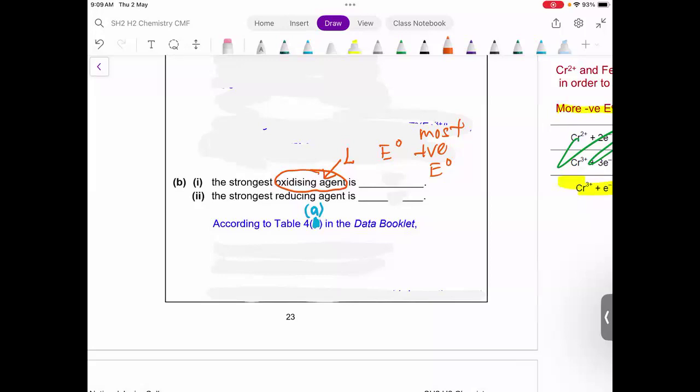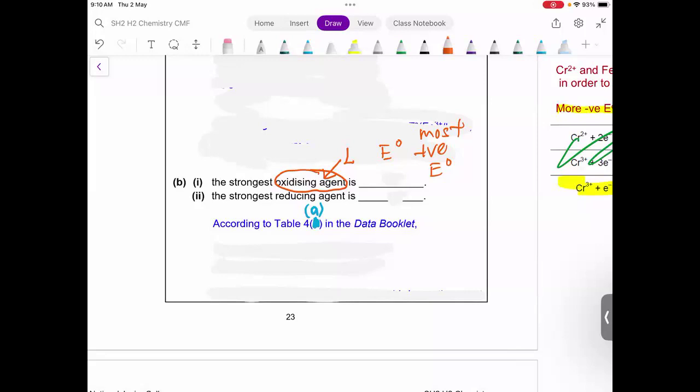If you don't want to tell me, can you tell your neighbor what's the answer? Because you really must practice selecting it. Don't wait for my answer. You must practice the thinking skill. So what's the answer? Fe3 plus, are you sure? The most positive E naught.